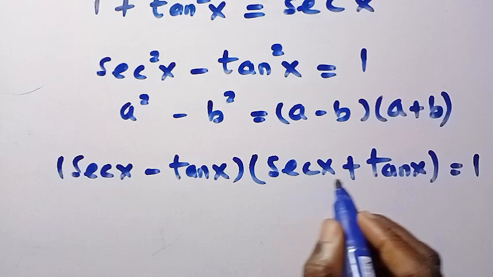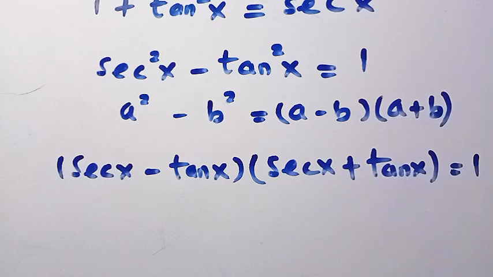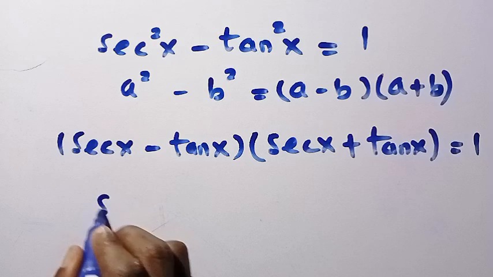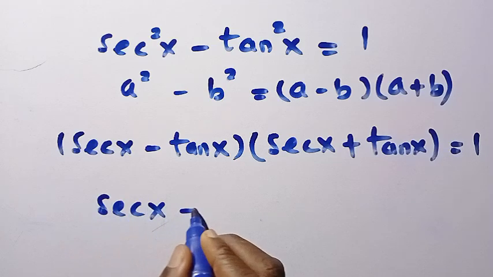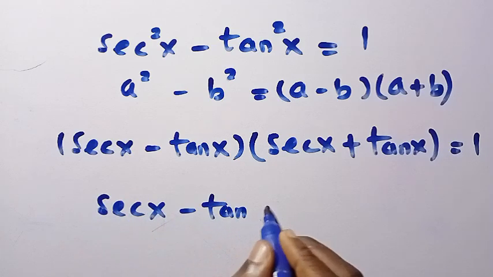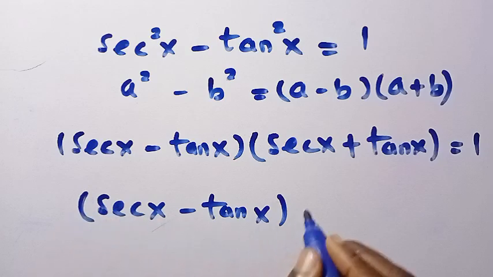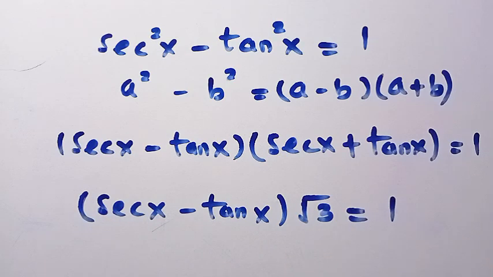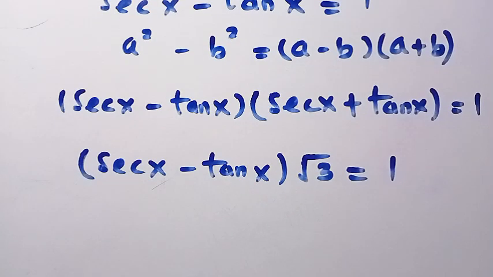Then sec x plus tan x has been given as root 3. By replacing it here, we have sec x minus tan x multiplied by root 3 equals 1. Let's divide both sides by root 3.